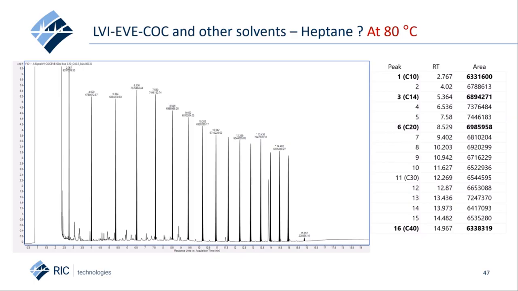Most LVI applications use quite volatile solvents where the venting temperature stays quite low, below or equal to 50 degrees, which gives us the possibility to vent off the solvent without losing the most volatile compounds in our application.